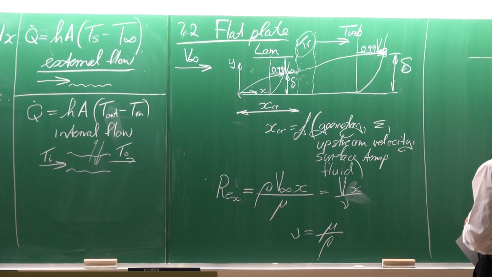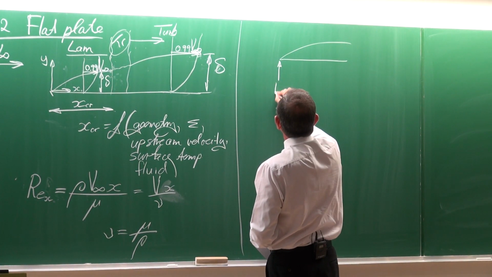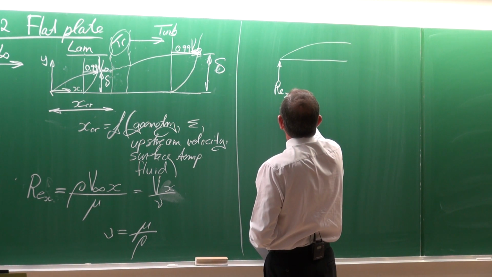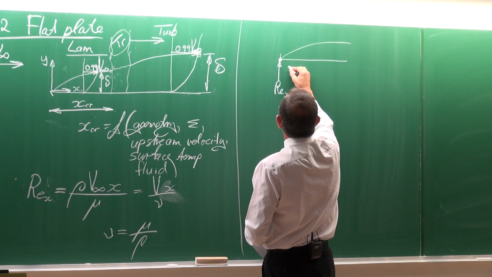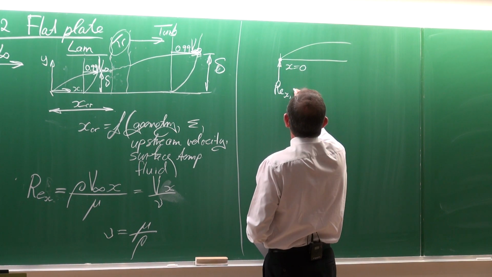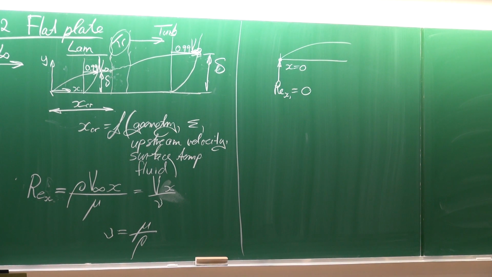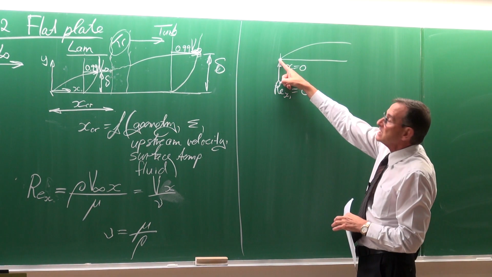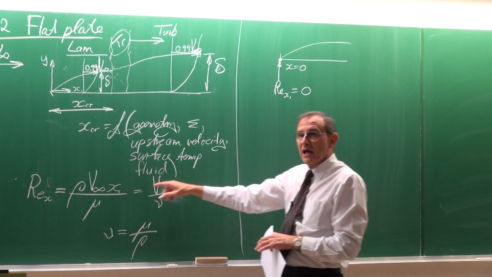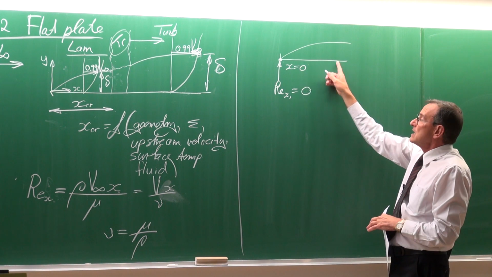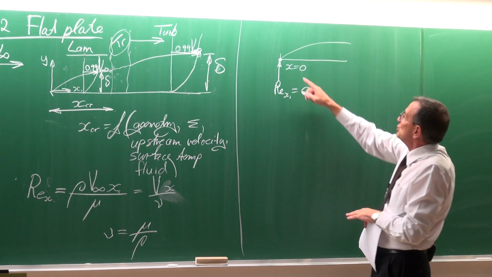So if we look at a flat plate, it means that the local Reynolds number, X, where X is equal to 0, is always equal to 0. The Reynolds number at the leading edge is equal to 0, because it's the local value, and it will then increase as we go downstream with the plate or the geometry.